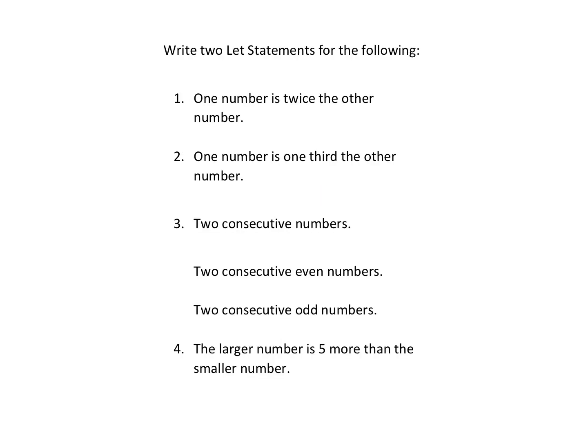Okay, so we're going to write two let statements for the following. So we have two numbers, and one number is twice the other number. So twice is an important word. So we're going to let n be the first number. Right, so I always let the first variable just be very basic.